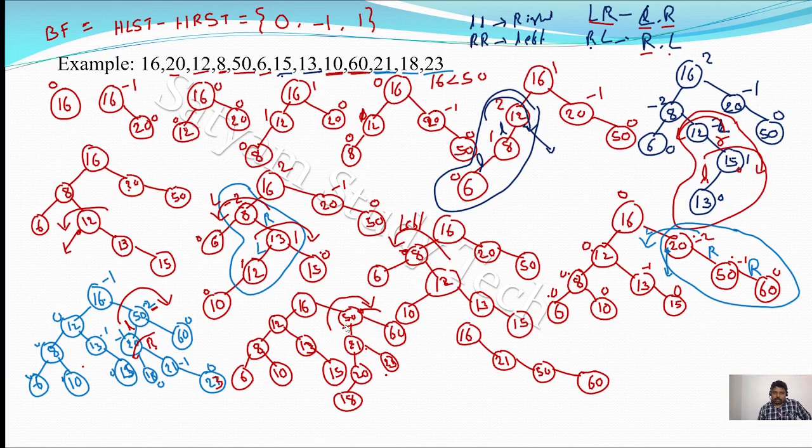Okay. Next 21 left is 20, 20 left is 18. Okay. Then you can see 21 right is 23. So 23 can compare with 21, so that you can add 23 here.